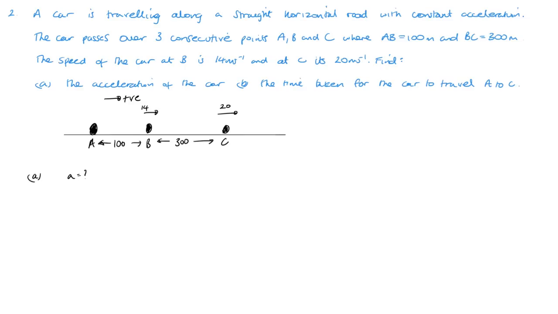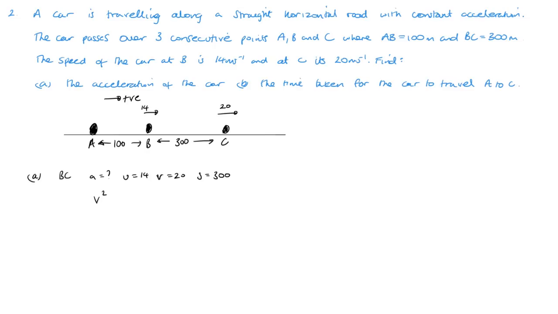Now, if we go between B and C, we're looking just between B and C. So the acceleration of the car is constant, so it'll be the same throughout. U will be 14, V will be 20, S will be 300. We've got 4 pieces of information, 1 unknown, so U, V, S and A.